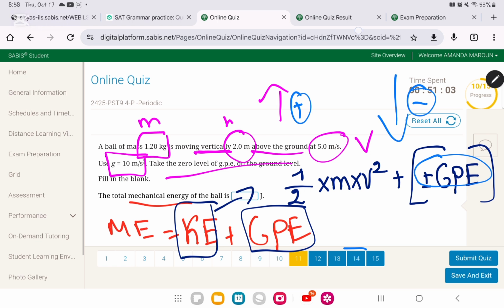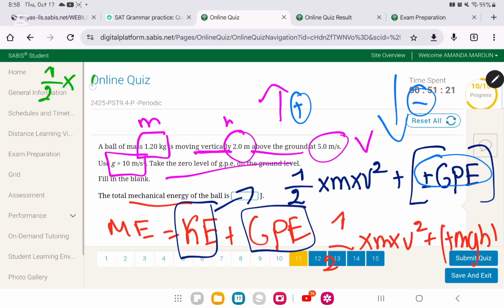Let me use a different color so it is clear. 1 over 2 times m times v squared plus, in this case it is plus mgh. Now if you substitute the equation with numbers, it will be 1 over 2 times 1.2 times 5 squared, plus 1.2 times 10 times 2.